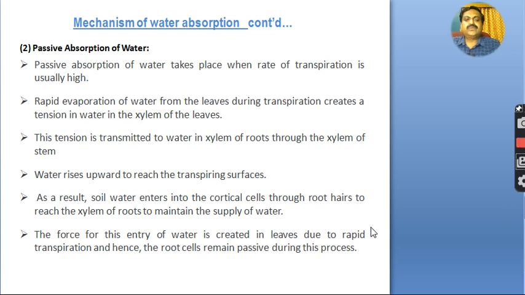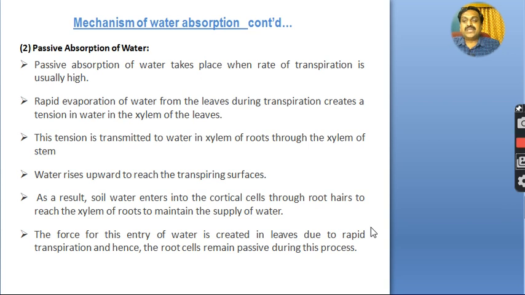Coming to the passive absorption of water, passive absorption takes place when the rate of transpiration is usually high, because it has already been told that during passive absorption, the cells of the root are not active, they remain passive.